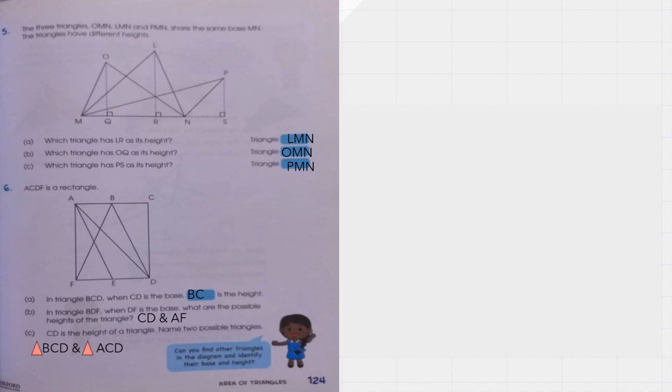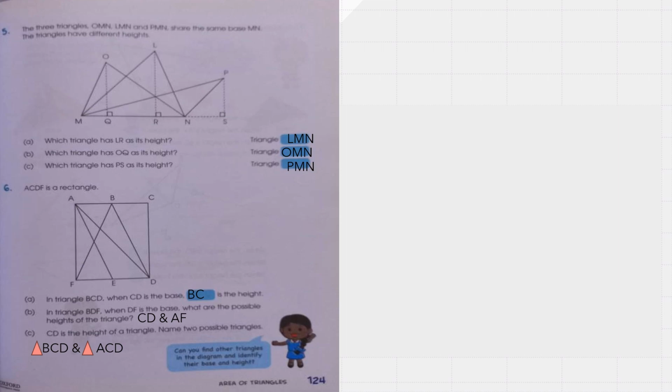In question 5, there are three triangles OMN, LMN, and PMN. They share the same base, which is MN. The triangles have different heights. So we have to identify which height belongs to which triangle.